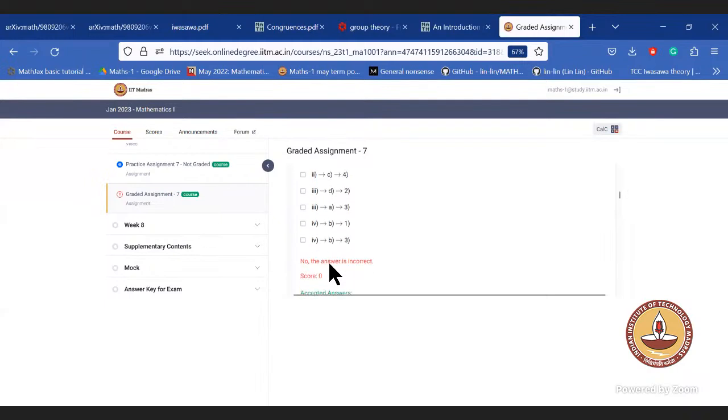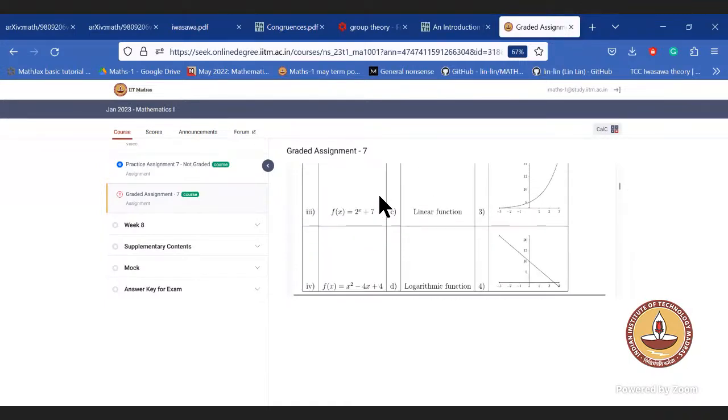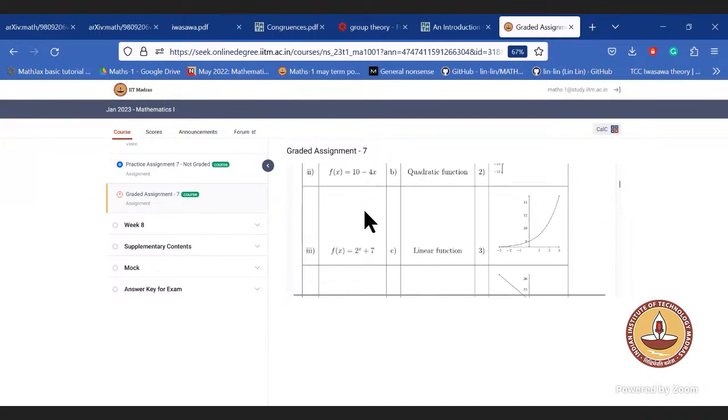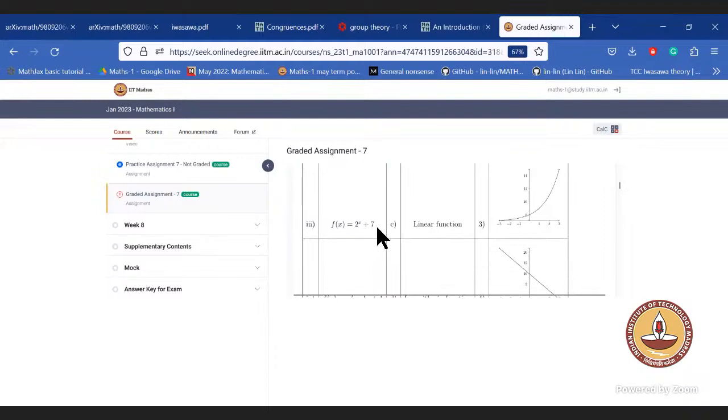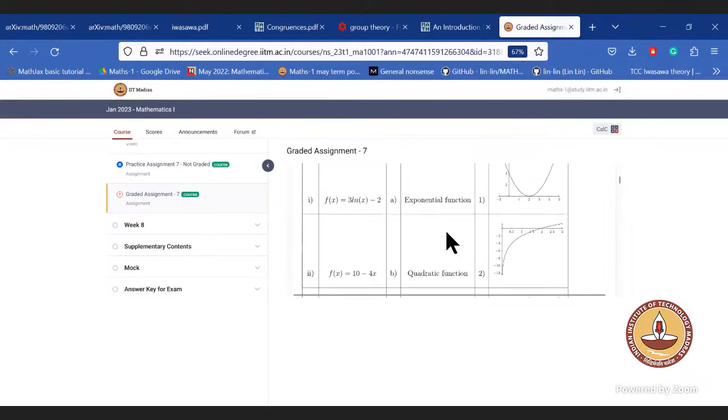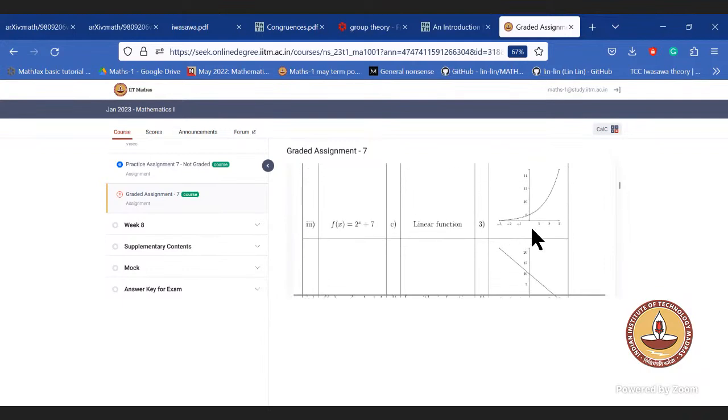That's the option. Third goes to a exponential function, and this should match, right?